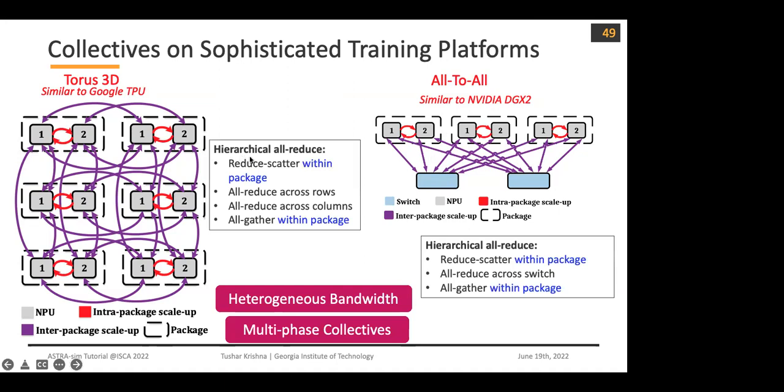So this is an example of a hierarchical all reduce, where you'll first do a reduce scatter locally within the package, then all reduce across the rows, then all reduce across the columns, and then again an all gather within the package. So you're trying to make sure that these higher bandwidth links get more communication, lower bandwidth links get less communication. So these kinds of hierarchical algorithms exist, which are again quite interesting, but it again means that you need to be very clever about how this is scheduled across all these bandwidths.